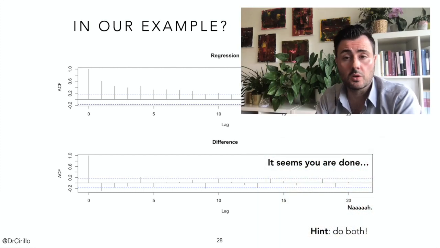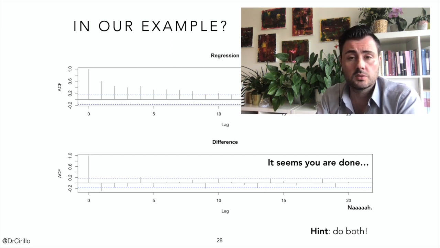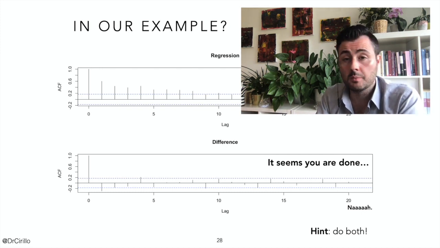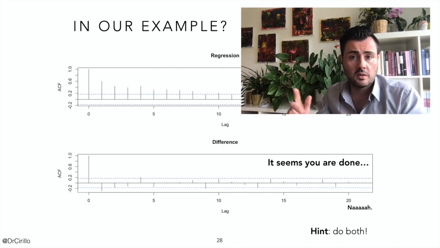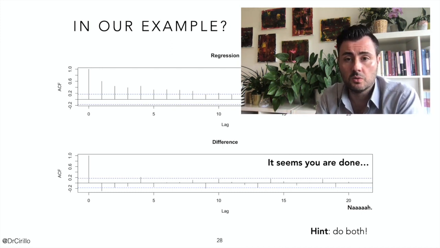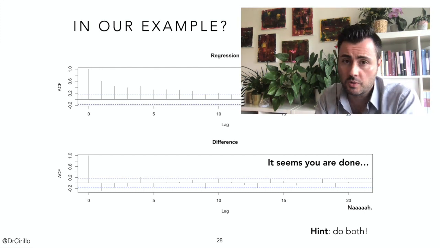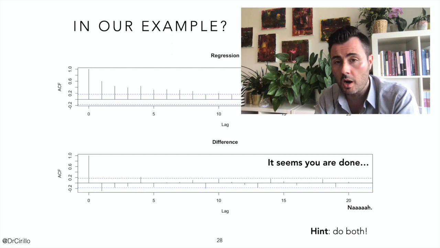Using differences, on the contrary, you get the second ACF, the one on the bottom of the slide. Now you see that the ACF is actually different. The number of significant lags in our ACF is substantially smaller, and we could also be tempted to think that we are done, in the sense that all the lags are not particularly relevant, so maybe it was just a matter of having a white noise with a trend, which is not the case. We will see why later.